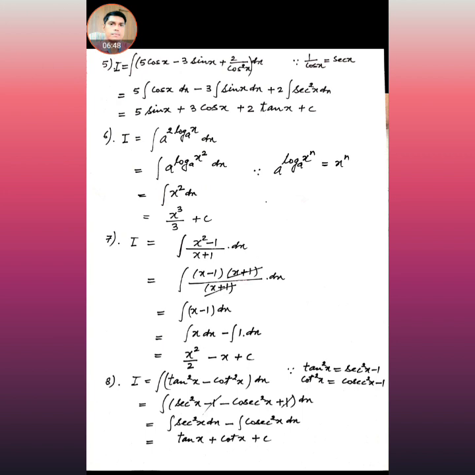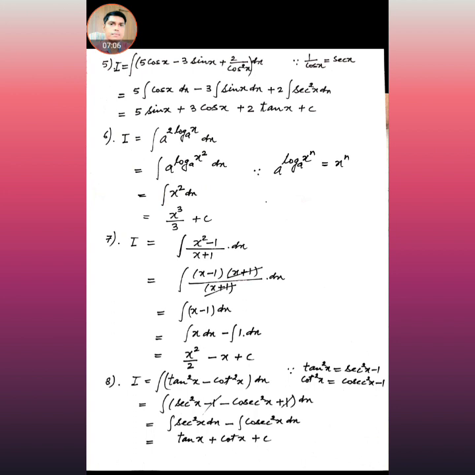We can integrate as integration of cos x is sin x, integration of sin x is minus cos x, integration of sec square x is tan x. So our final answer is 5 sin x plus 3 cos x plus 2 tan x plus C.